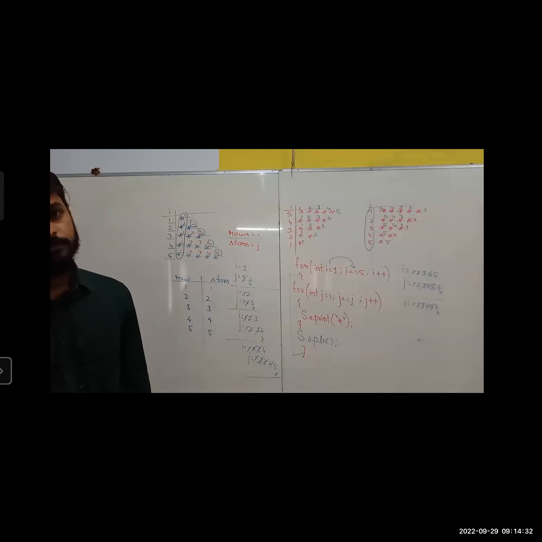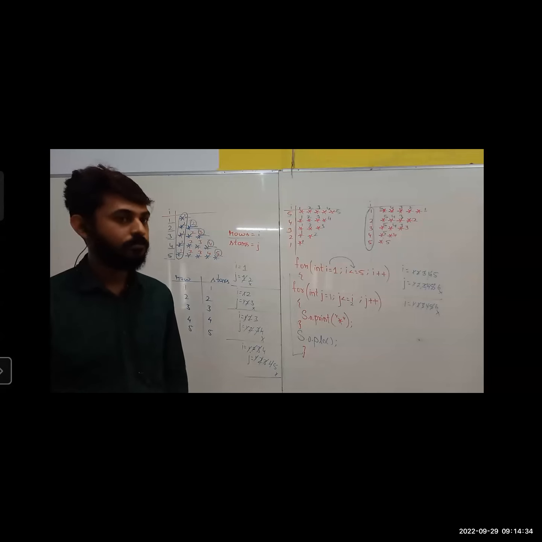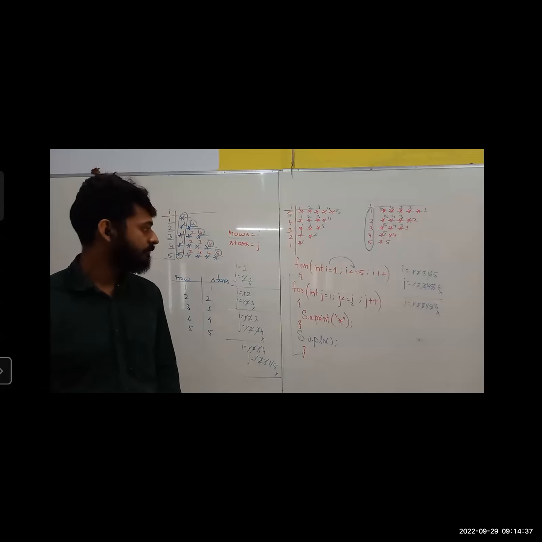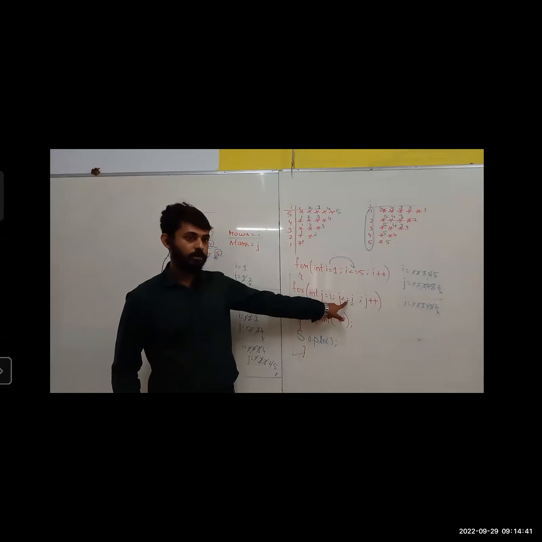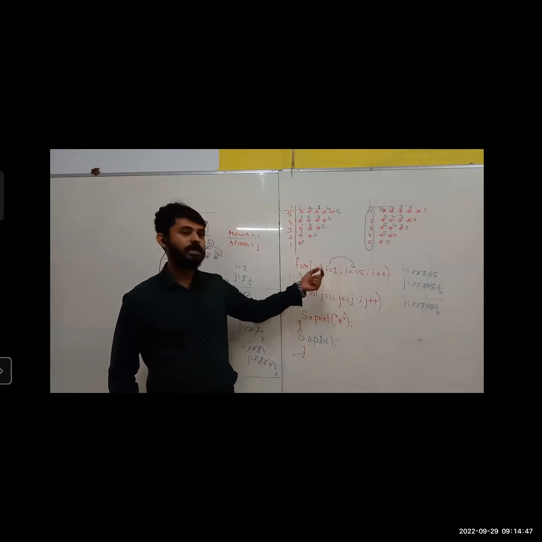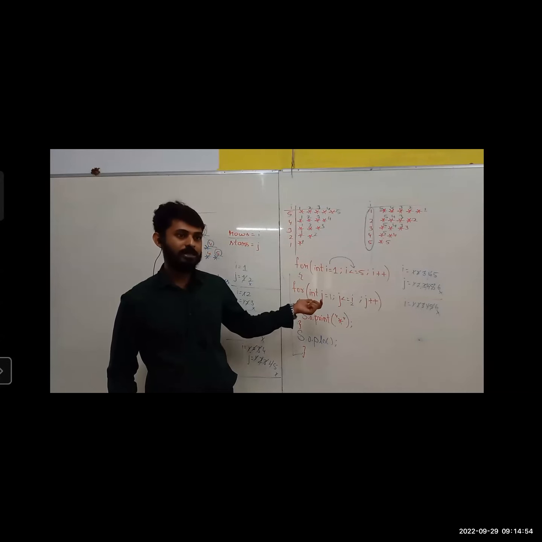Sir, J is equal to I only diagonal. Here, if you write J equal to I, wherever the row number is 2 and J value will also become 2, there only it will print star.